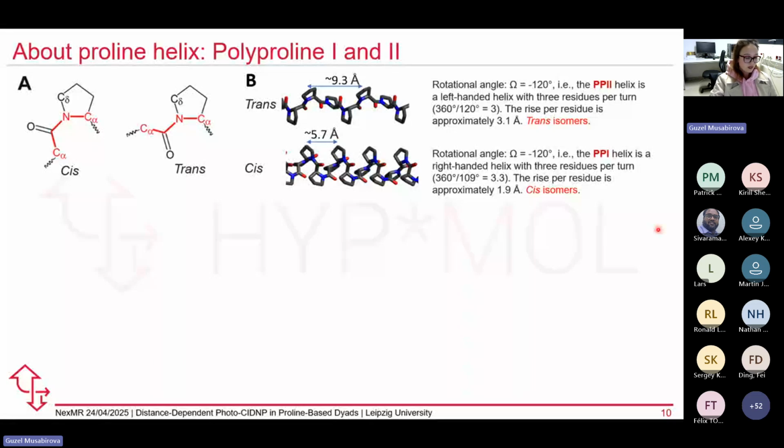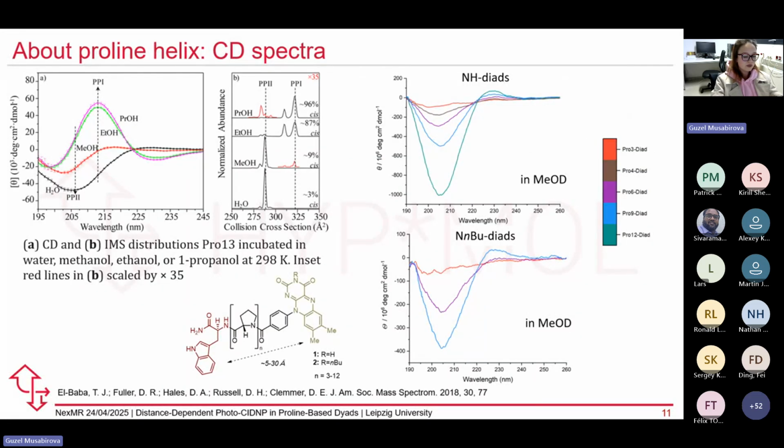So with this, we can conclude that with more prolines in our dyad system, we build up a more strongly trans conformational helix. And as well, we can detect it.